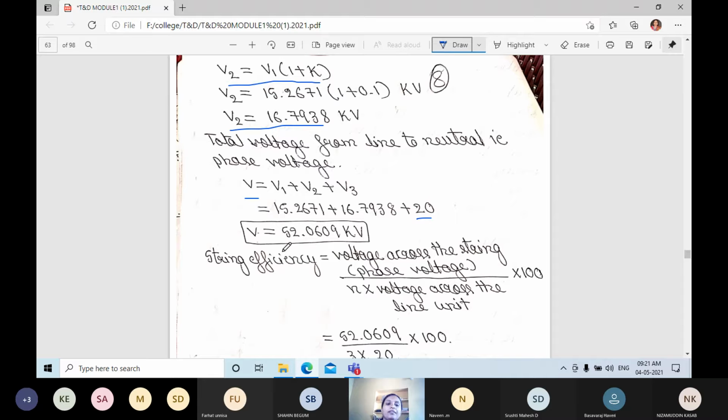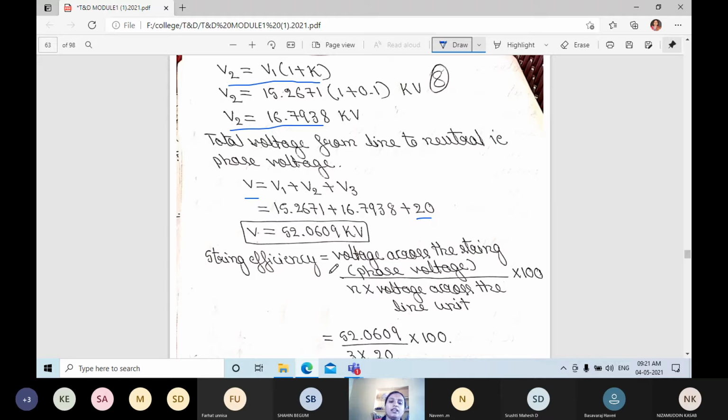Next, string efficiency is equal to the voltage across the string, the phase voltage, that is the total voltage V, divided by N into V3. Here we take V3 because they have given it.